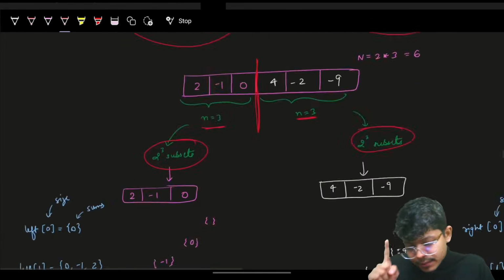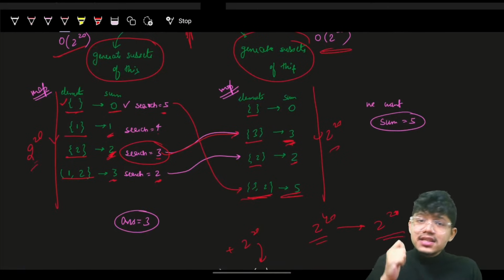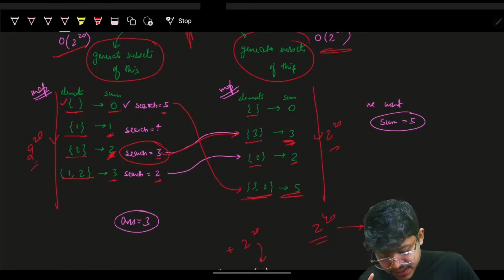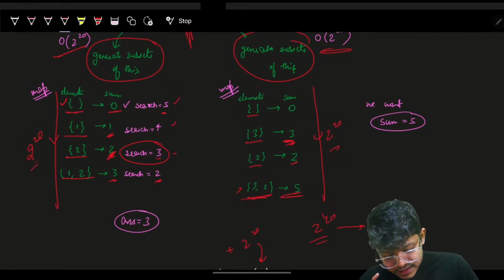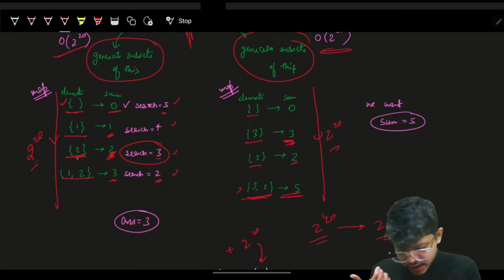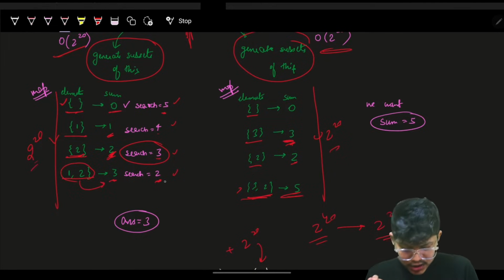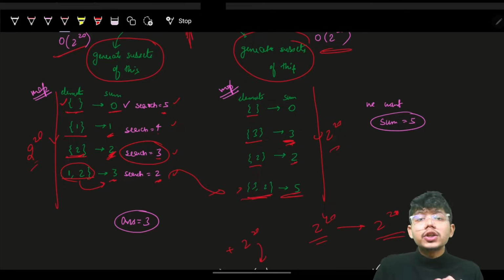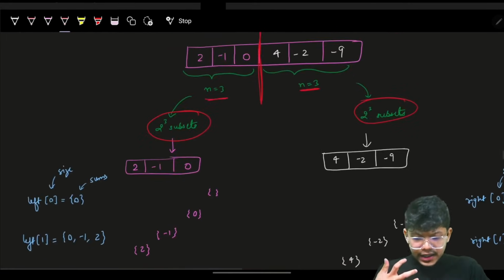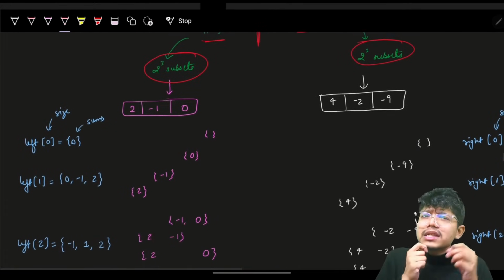Because if you remember above, I just simply took the element, so the sum of this specific group is 3, so I'll just go and try to find a 2 on the right portion. But here, what extra do I have to do?